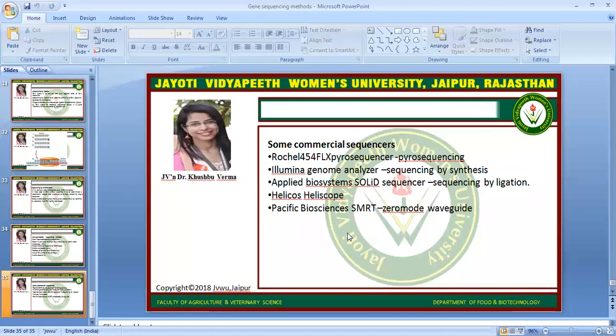Some commercial sequencers are the Roche 454 FLX pyrosequencer for pyrosequencing, the Illumina Genome Analyzer for sequencing by synthesis, the Applied Biosystems SOLiD sequencer for sequencing by ligation, Helicos HeliScope, and Pacific Biosciences SMRT for zero mode waveguide.